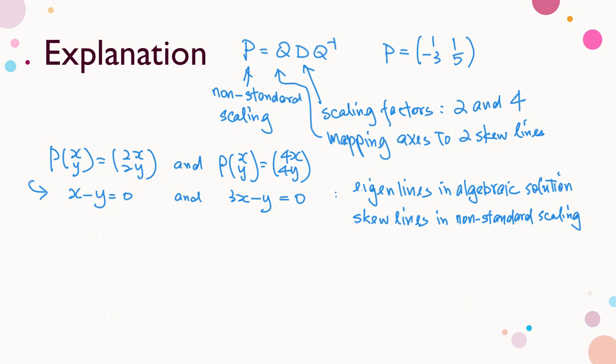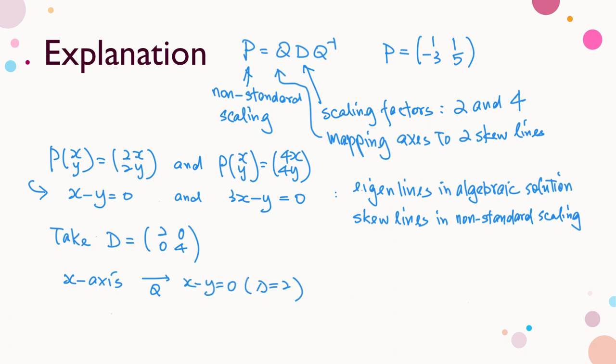Suppose we take the diagonal matrix D as 2, 0, 0, 4. Then, under the transformation Q, the x-axis is mapped to the line obtained from lambda equal to 2, that is, x minus y equals 0. Choose a point on the line, say 1, 1, as the image of 1, 0.